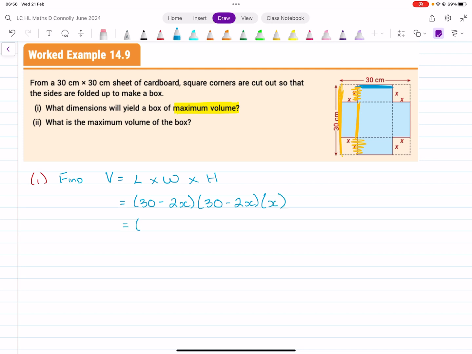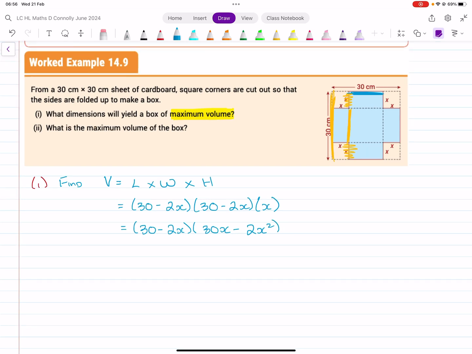Okay, so 30 minus 2x times 30 minus 2x times x, and then expand this out: 900x minus 60x squared minus 60x squared again, and then plus 4x cubed.